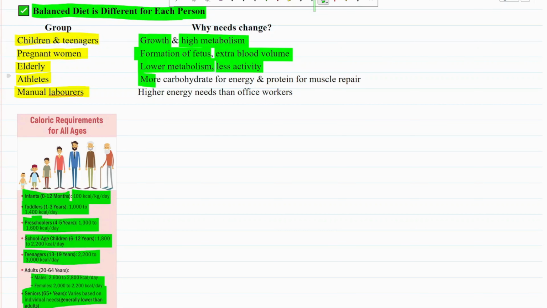Athletes are more active, so they need more carbohydrate for energy and protein for muscle repair. Similarly, manual laborers, who do a very tough job on a daily basis, have higher energy needs than office workers. So it all depends on two things: age and body activity. Plus, in adults, a third factor is added, that is the difference according to gender. Males have a bigger body and more muscle growth, and need a better balanced diet as compared to females.